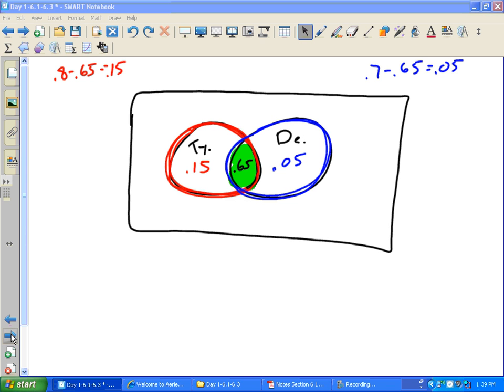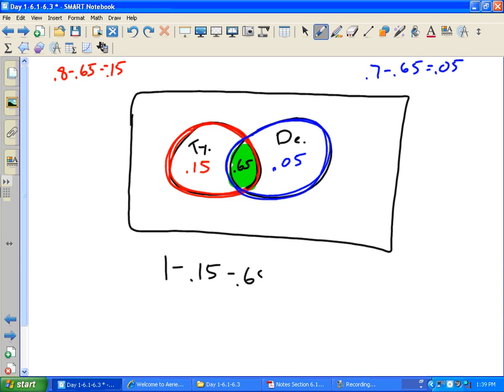Add it all up and subtract from, in this case, 1, right? Because 1, do we agree the probability of 1 is 100%? So I'm going to go 1 minus 0.15 minus 0.65 minus 0.05. And that's going to leave me what's on the outside. I don't know what that is. 0.1.